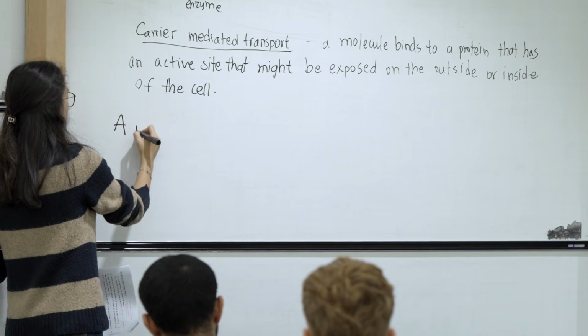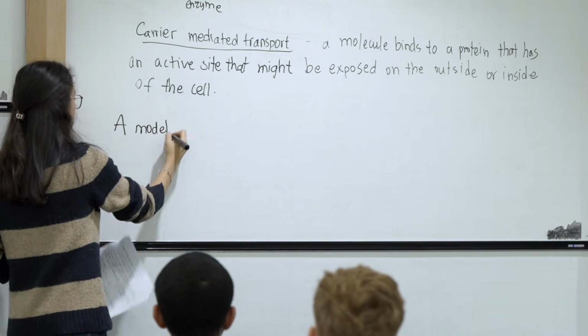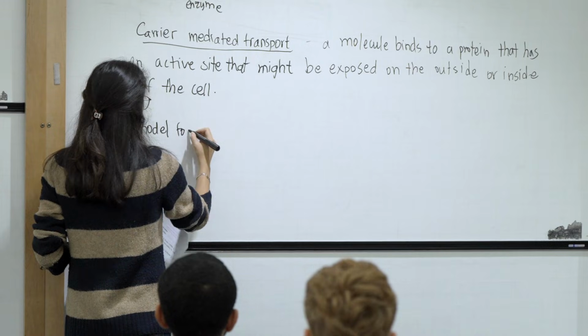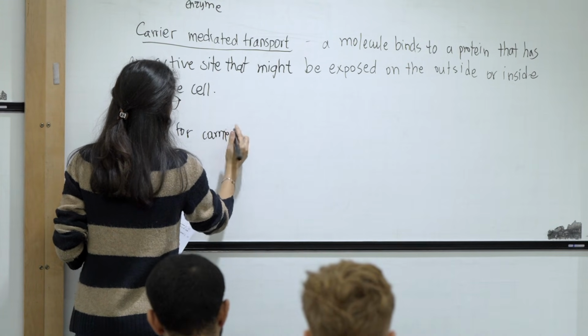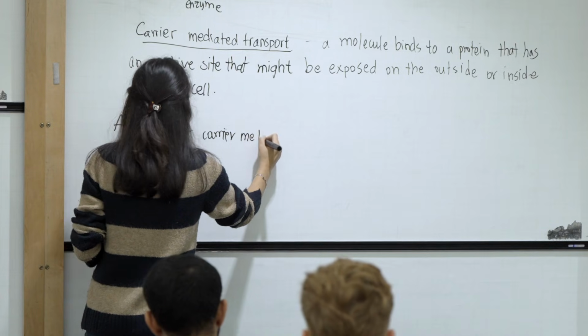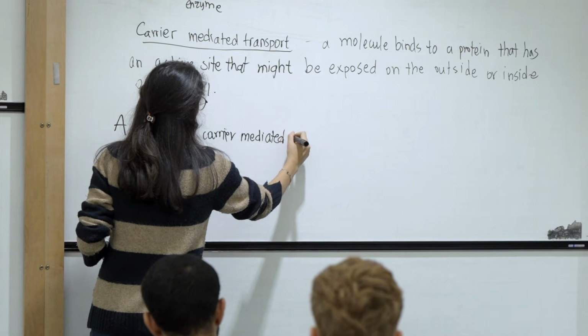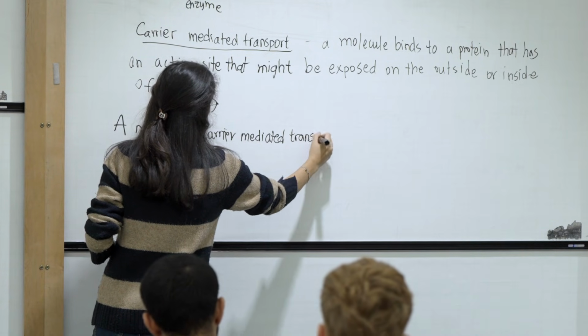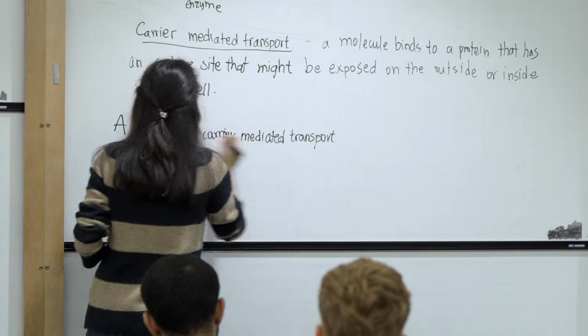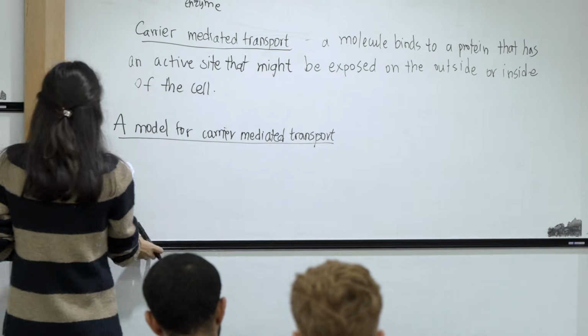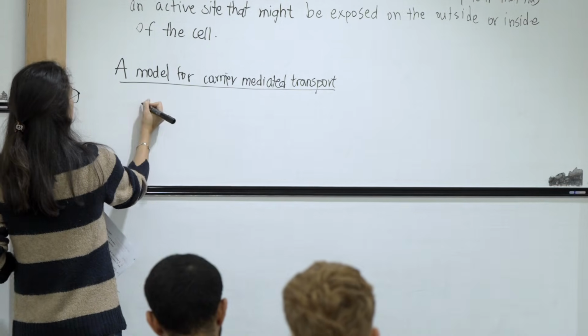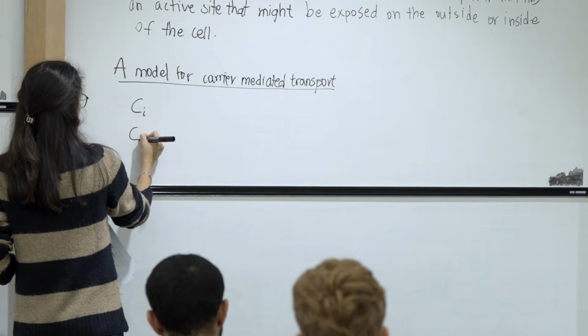Okay, so the first model that we will see is a model for carrier-mediated transport. So you have the following. You have a CI and a CE.